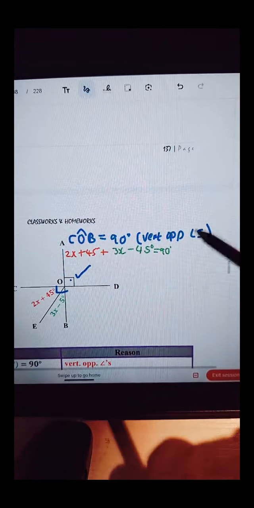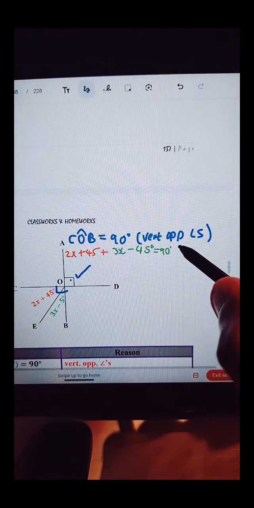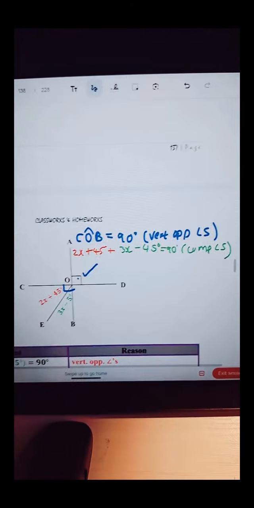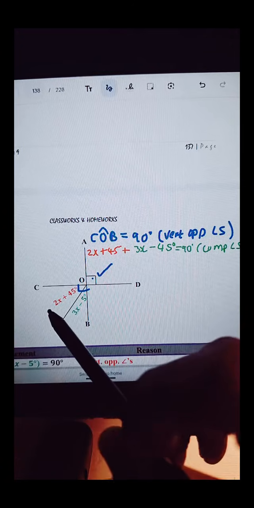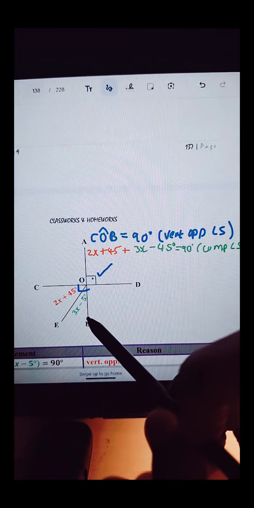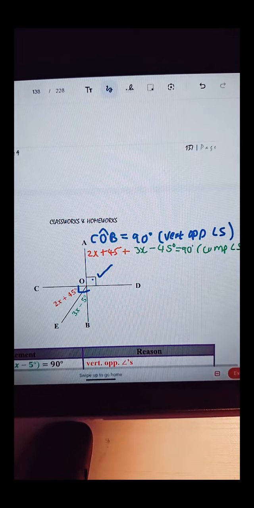Now, if you want to provide the reason for saying so, you can say comp angles. 2x plus 45 plus 3x minus 45 degrees is equal to 90 degrees, comp angles.